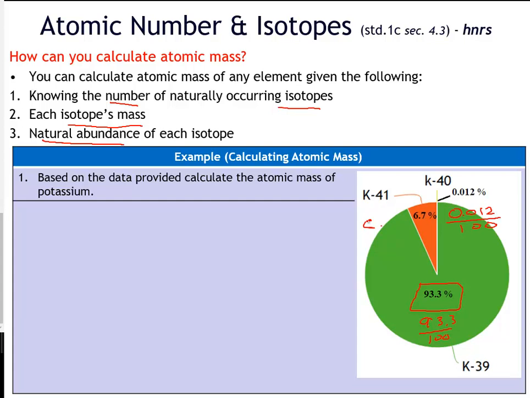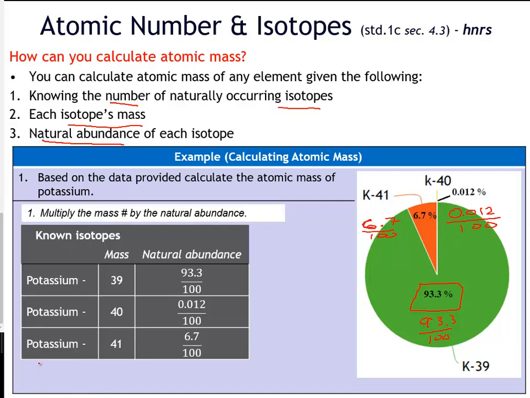So that essentially becomes 6.7 over 100. These are how you get these numbers. Now that we have those numbers, we need to multiply them by the masses. So you'll see, we multiply this mass times this relative abundance, this mass times that relative abundance, and this mass times that relative abundance.